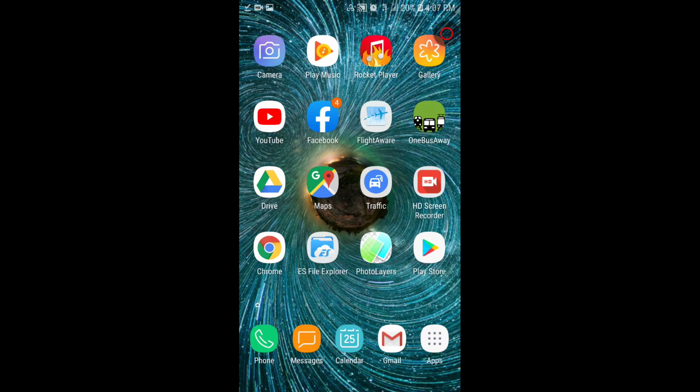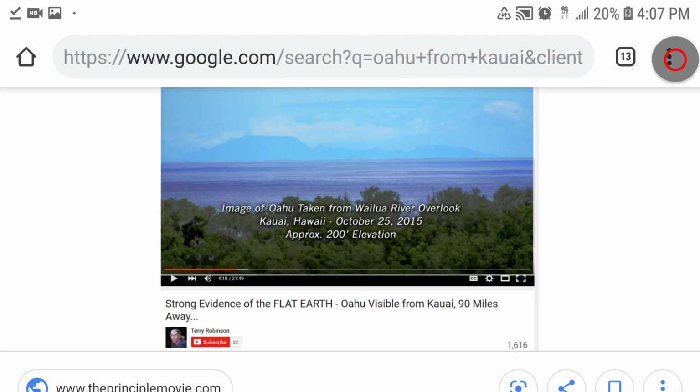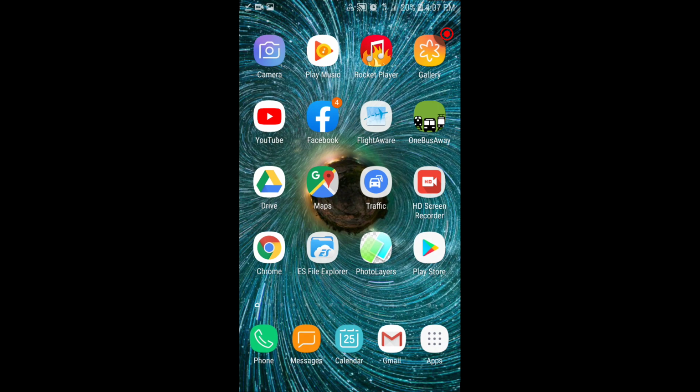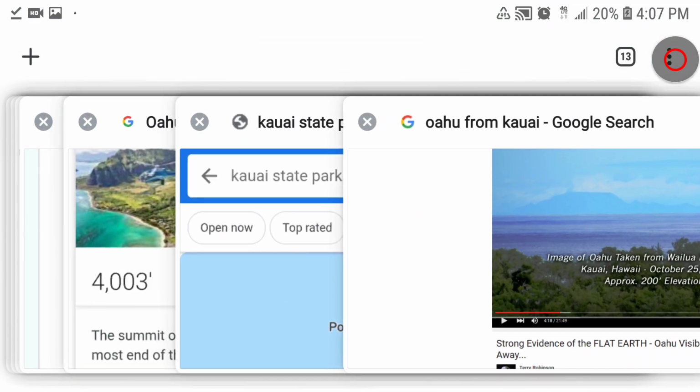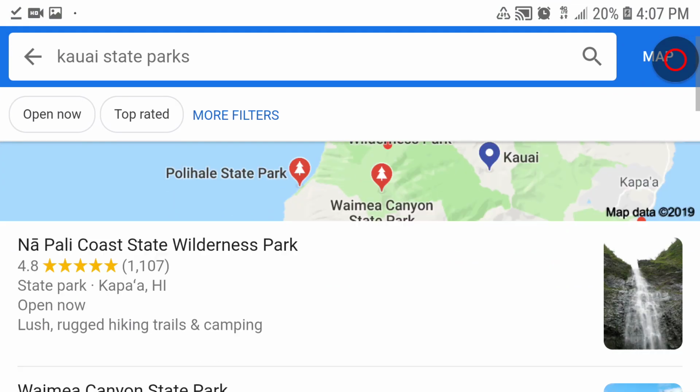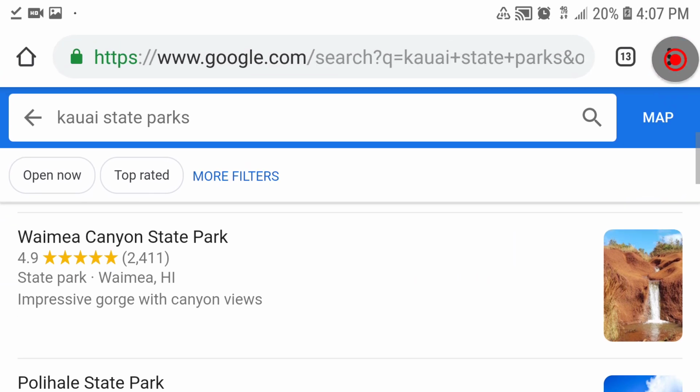So, what was it called again? Wailua River. Kauai. Wailua River. Waimea.